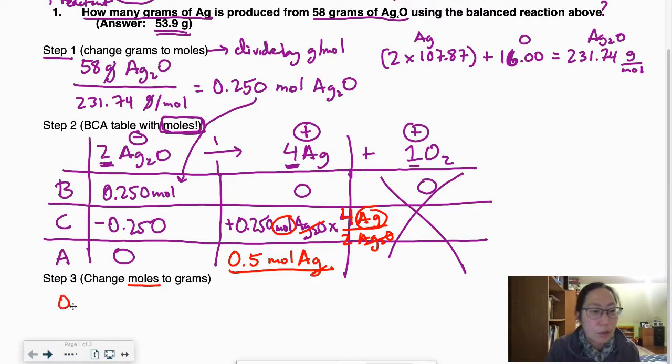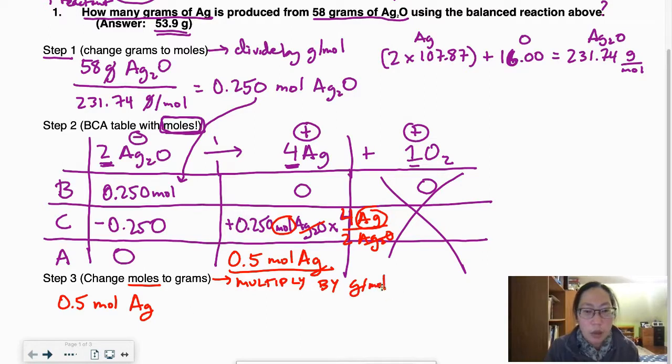So let's take our 0.5 moles of silver, of Ag. And remember, to change from moles to grams, what are we going to do? We're going to multiply by the grams per mole, the molar mass, okay, which we find on the periodic table. So if I look on the periodic table, I can see that Ag has a molar mass of 107.87 grams per mole.